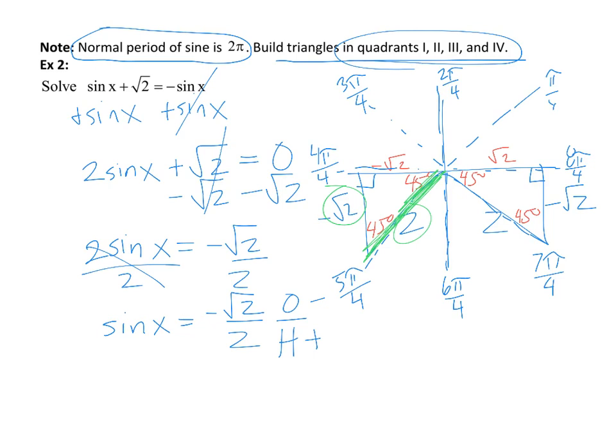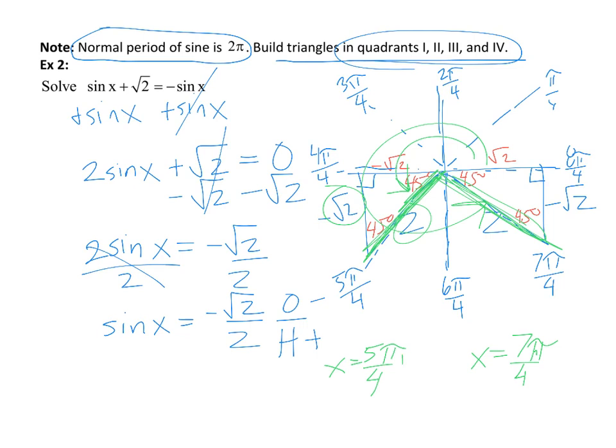So I have 5 pi over 4 to start off one of my answers, and then I have 7 pi over 4 to start off my other answer. Okay, so 5 pi over 4 and then 7 pi over 4. All right, now since we're working with sine, what's a normal period for sine?